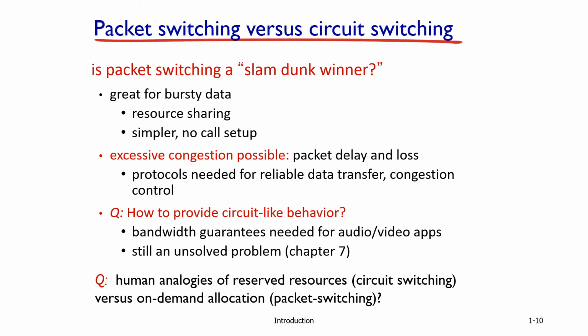And if resources were not reserved, what is on-demand allocation? So what is the existing format of getting food from the cafeteria? Would you suggest that this is similar to circuit switching, where resources are reserved, or is it actually on-demand allocation? So think about something interesting in terms of reservation of resources that you can later on map onto networks or network traffic.